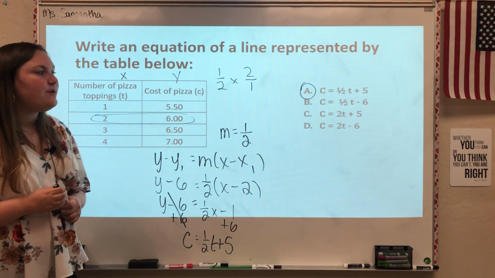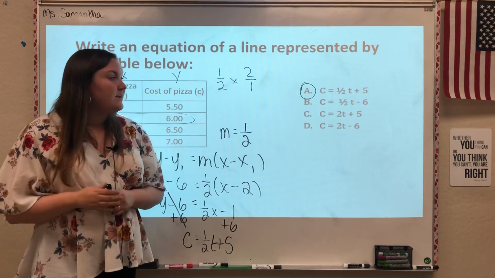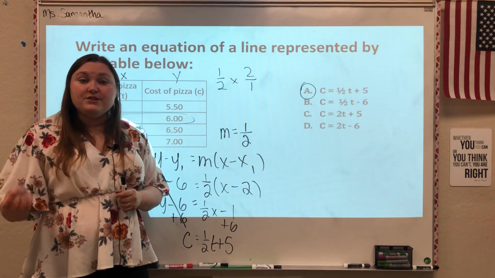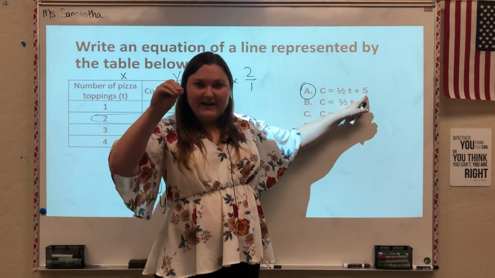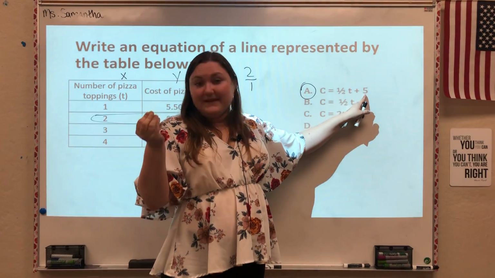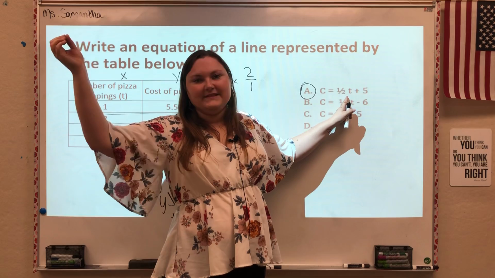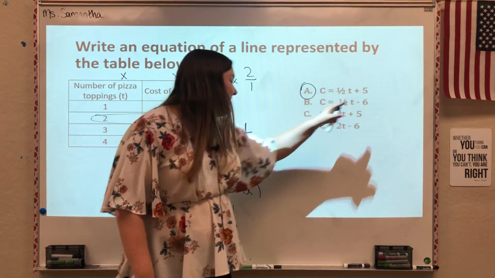What I want to do, though, is think back to what we talked about when we were graphing linear equations. If I asked you to graph this equation, the first thing you would always do is mark your y-intercept. We would go to our y-axis and put a point at 5 because that's where our line begins, and then we would use that slope of 1/2 to find more points on the line.